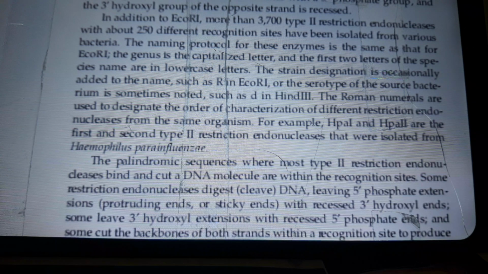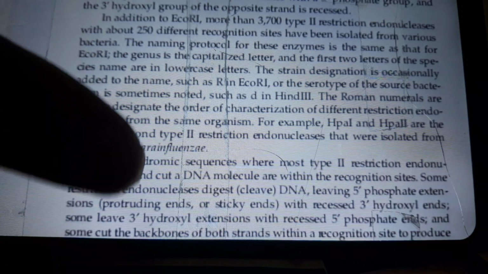The strain designation is occasionally added to the name, such as R in EcoRI, or the serotype of the source bacterium is sometimes noted, such as d in HindIII. The Roman numerals designate the order of characterization of different restriction endonucleases from the same organism. For example, HpaI and HpaII are the first and second type 2 restriction endonucleases isolated from Haemophilus parainfluenzae.